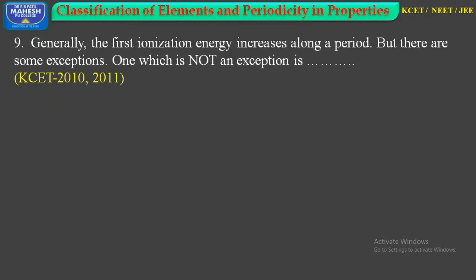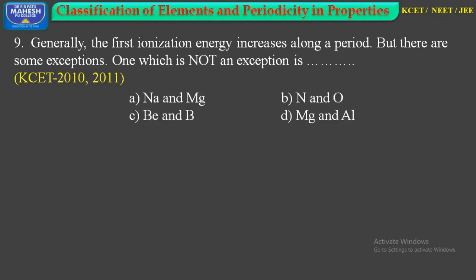Moving to the next one, question number 9. Generally, the first ionization energy increases along a period, but there are some exceptions. Which one is not an exception? Option A, sodium and magnesium; option B, nitrogen and oxygen; option C, beryllium and boron; option D, magnesium and aluminium.